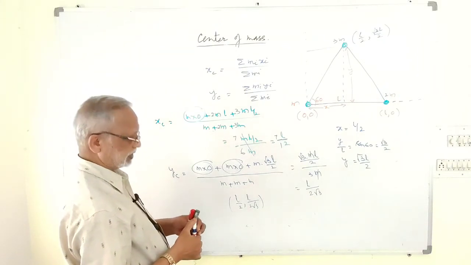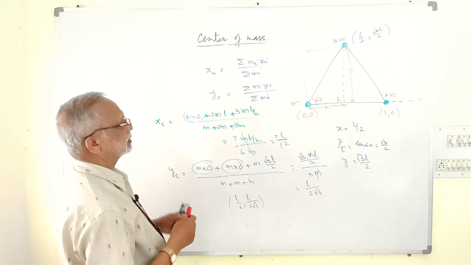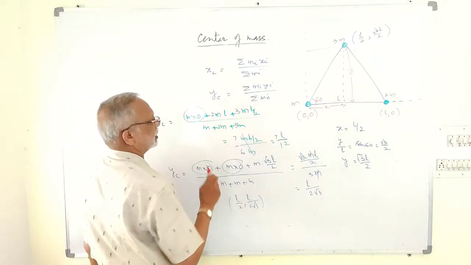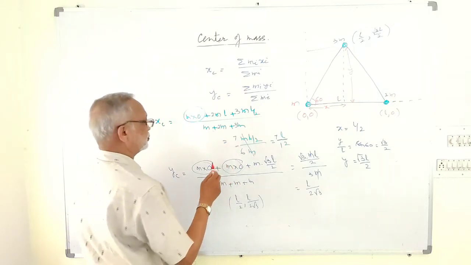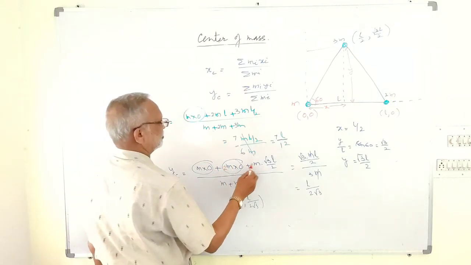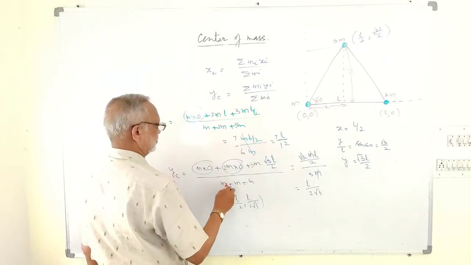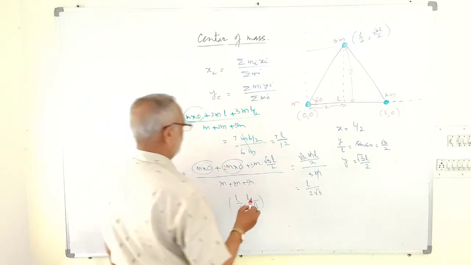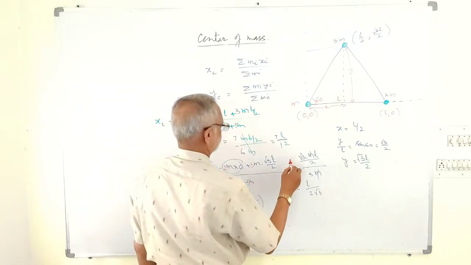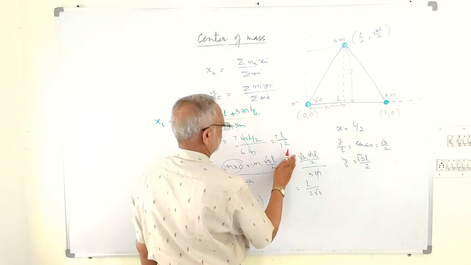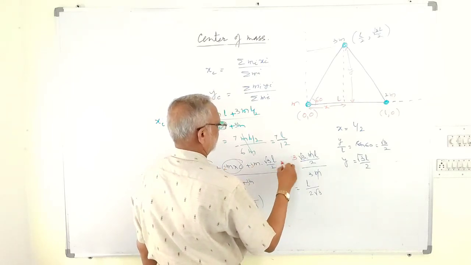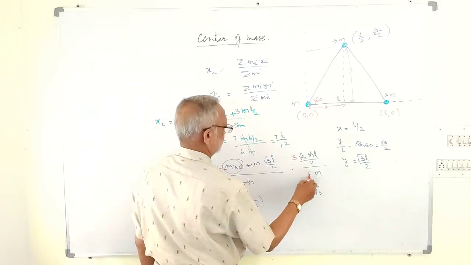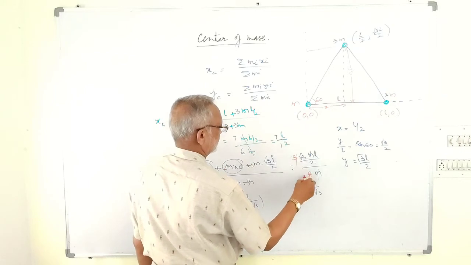Now we want to write for yc. For yc, it is m into m1 by 1 plus m2 by 2. Sorry, m2 is how much? 2m. m3 is 3m, divided by m plus 2m plus 3m. This is 0, this is 0. So the numerator is here 3 root 3 mL by 2 divided by 6m. 3 ones are 3, 2.